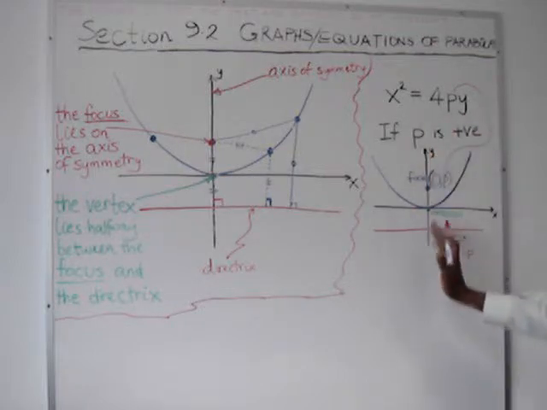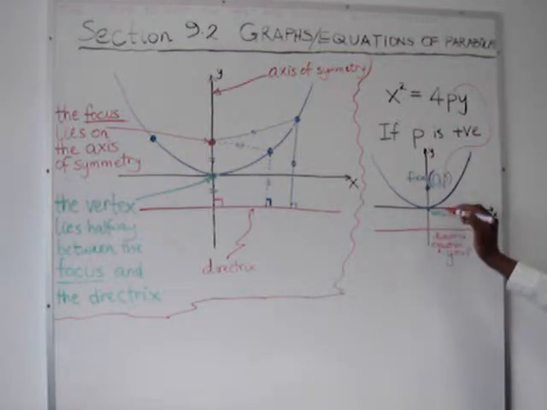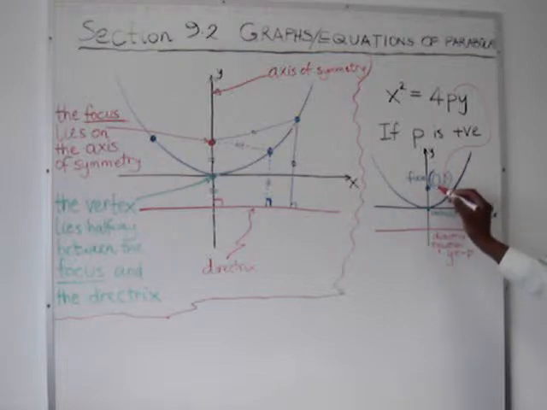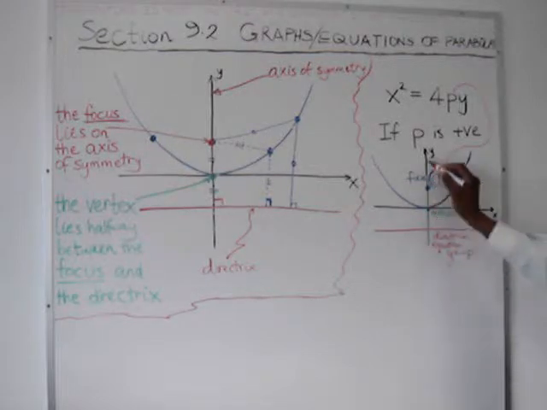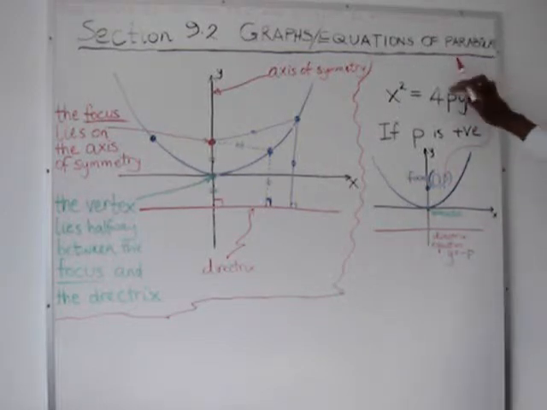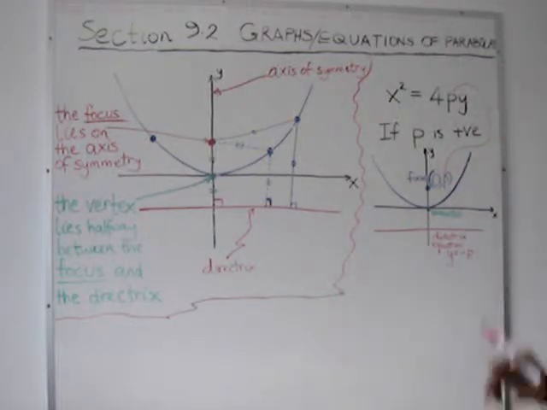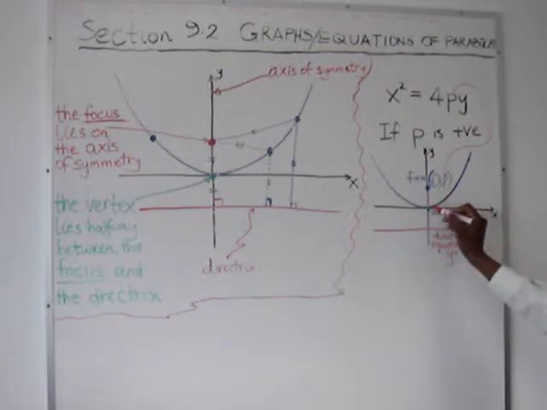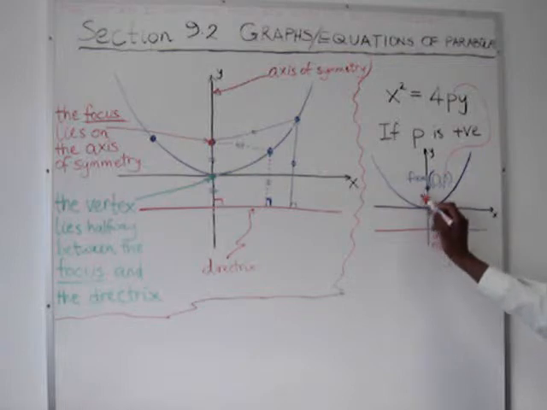Since the axis of symmetry in this case is the y-axis, the x-coordinate of the focus is of course 0, because x is 0 along this line, but the y-coordinate is that same P. Very important. So this distance from here to here is P units.